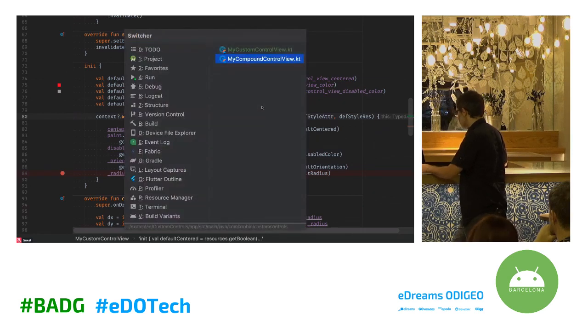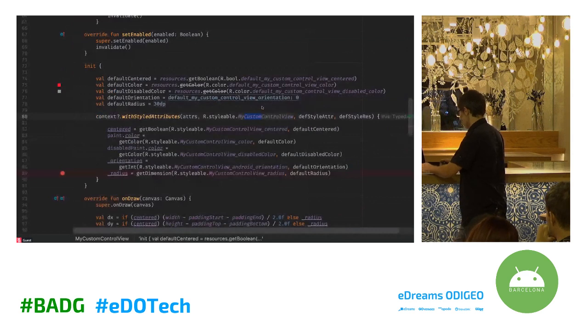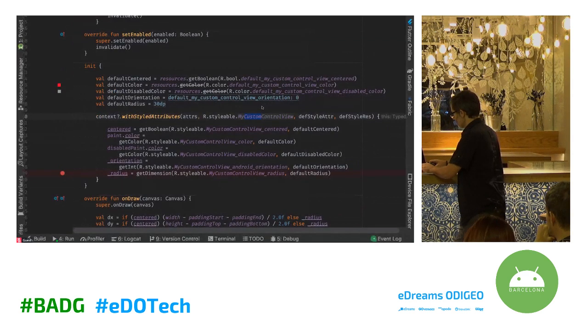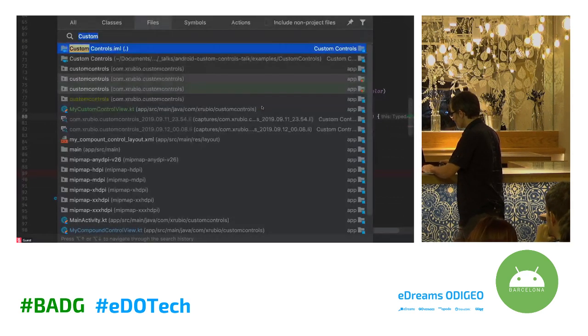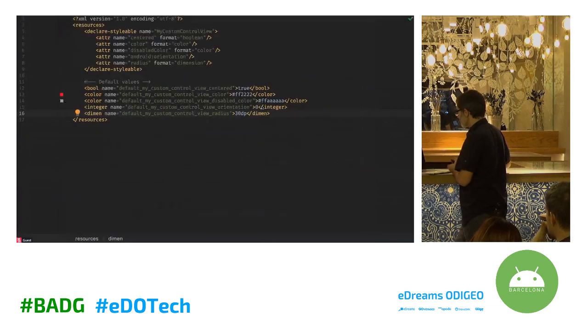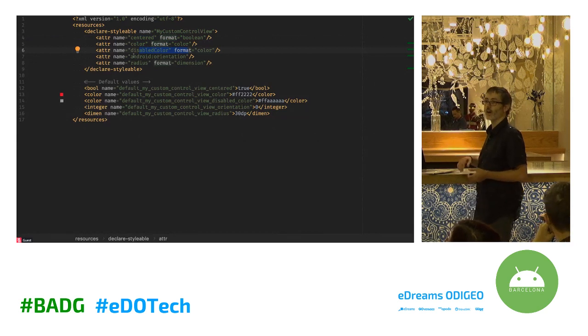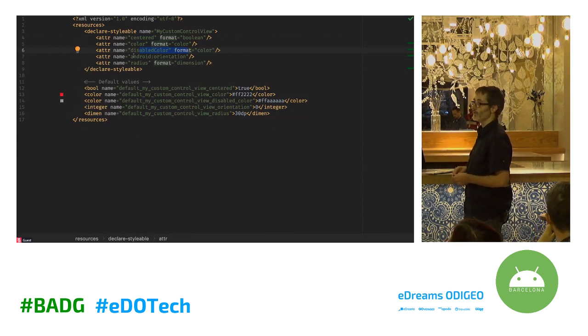Let me show you. I lost it. So this would be my stylable, and here I'm declaring all the different attributes that I can use in my layout definition.